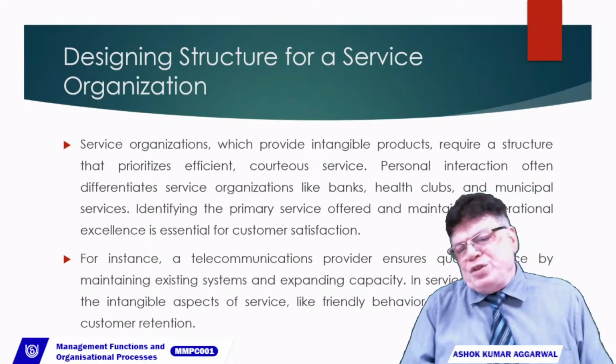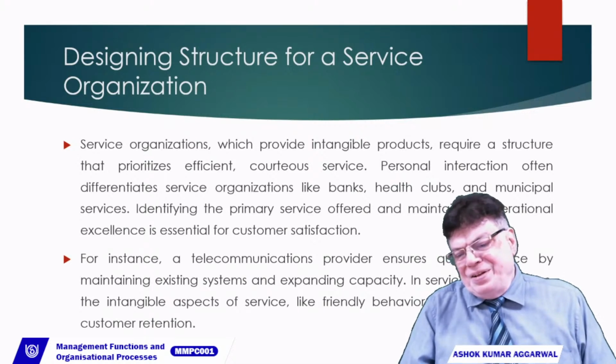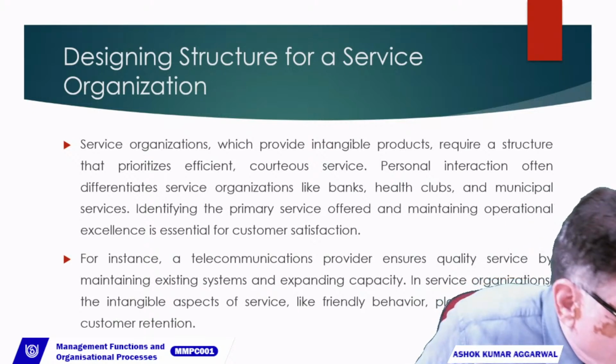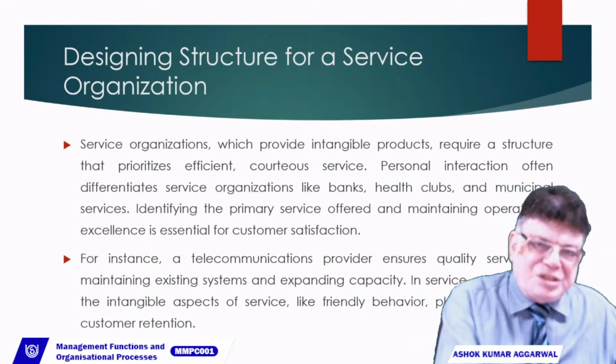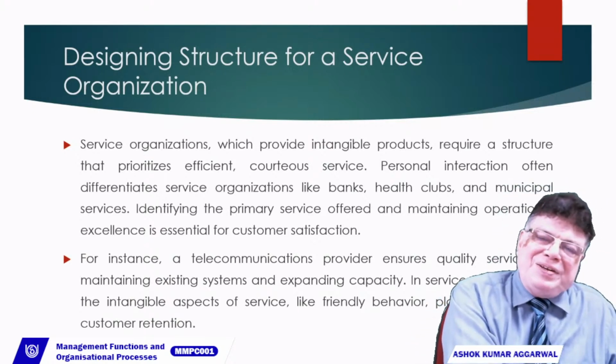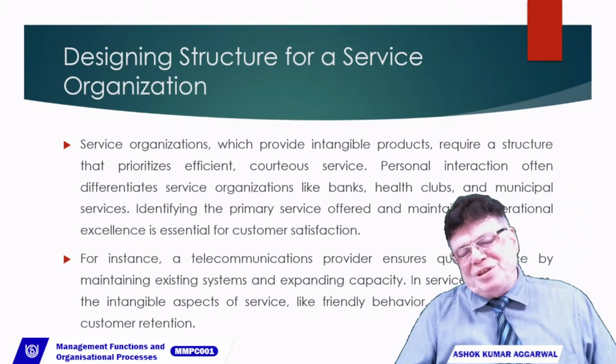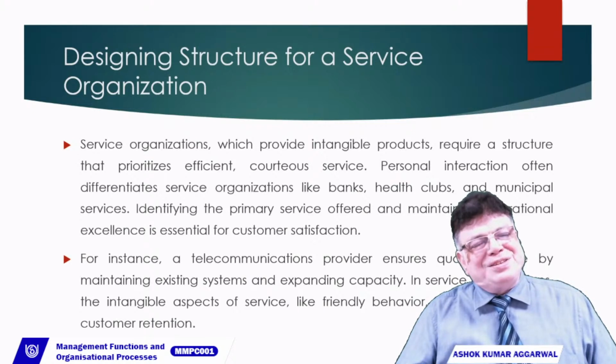So in the head office of Punjab National Bank in Delhi, the organizational structure will be like this: chairman and managing director. He is the highest post. He is posted by the Ministry of Finance, Government of India, because this is a government bank. In a government bank, posting is done by the government.